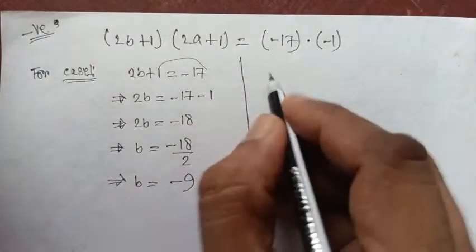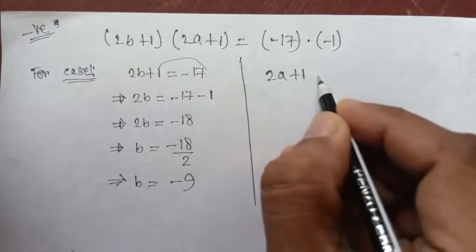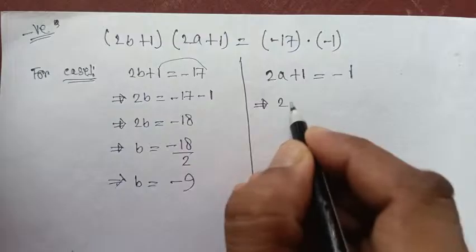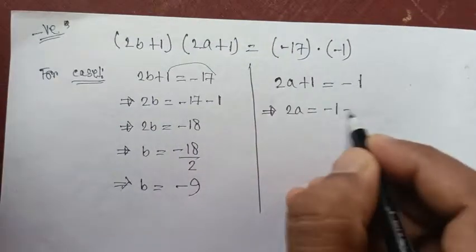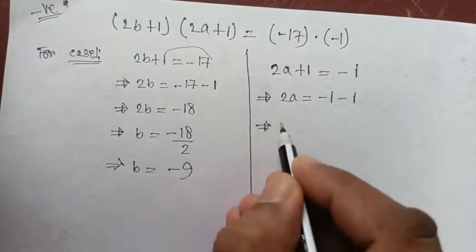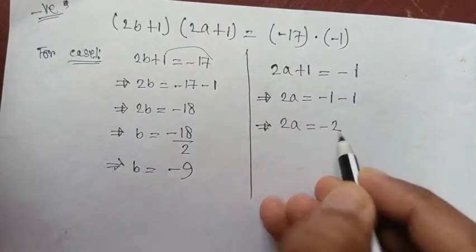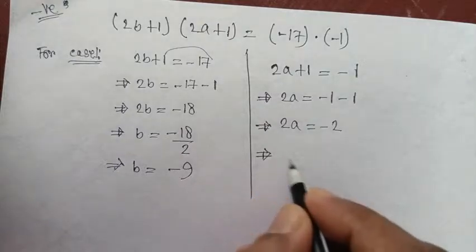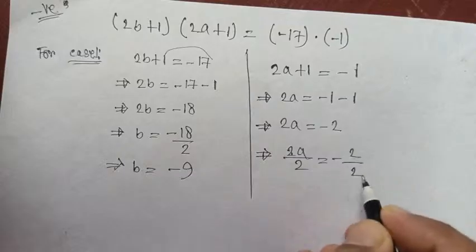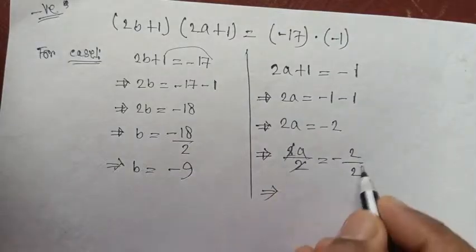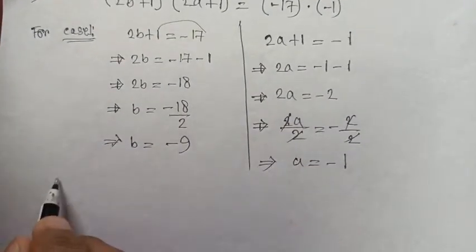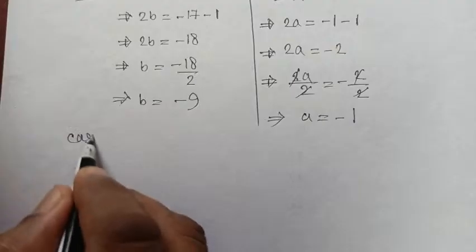Similarly, 2a plus 1 will be minus 1, then moving 1 to the right-hand side, 2a equals minus 1 minus 1, that will be 2a equals minus 2, and dividing by 2 on both sides, the 2 cancels out, and a equals minus 1.